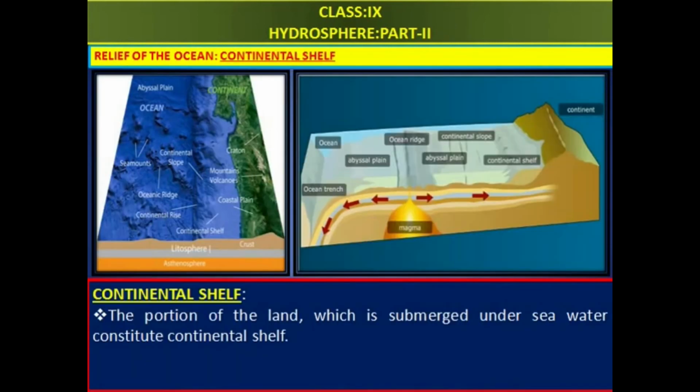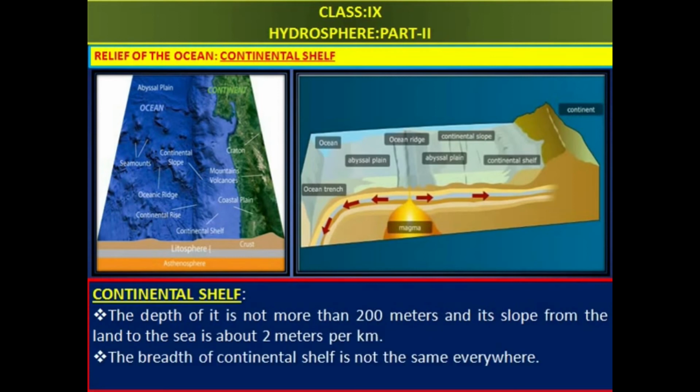The portion of the land which is submerged under seawater constitutes the continental shelf. The depth of it is not more than 200 meters and its slope from the land to the sea is about 2 meters per kilometer. The breadth of the continental shelf is not the same everywhere.